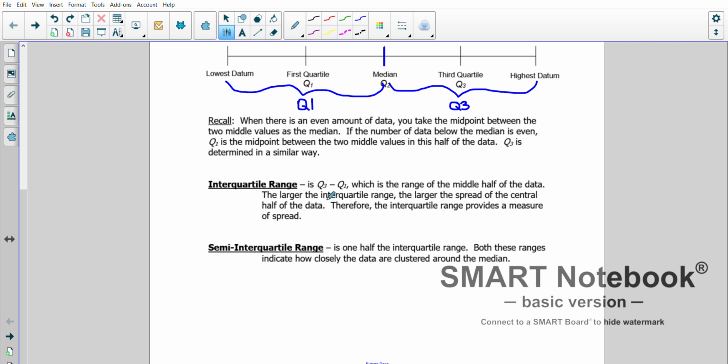So the larger the interquartile range, the larger the spread of the central half of the data. And then they have another one here, semi-interquartile range. Same idea, it's just 1/2 the interquartile range. So once you have this calculated, you would just divide it by 2 to get this. So maybe I'll just write that. It would be the interquartile range, which I'll refer to as IQR, divided by 2.